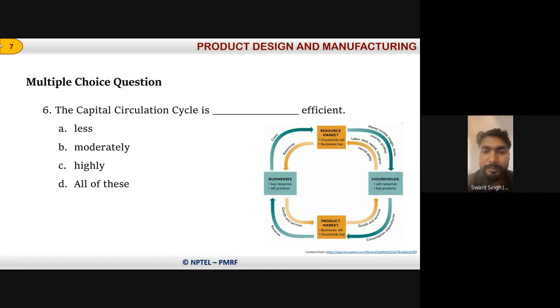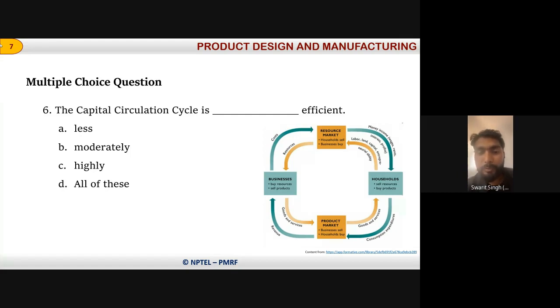The capital circulation cycle, you can see on the screen. We have already seen a similar kind of cycle in the course also. I just tried to present the capital circulation cycle in a different form. The components are the same. We have a resource market, we have a product market, then we have household, and in opposite to that we have business.